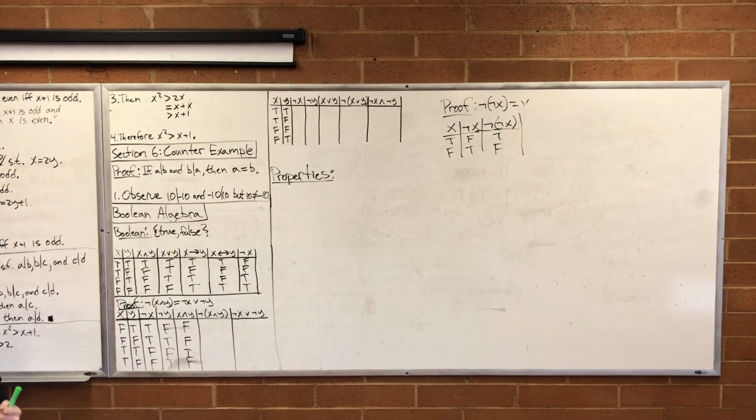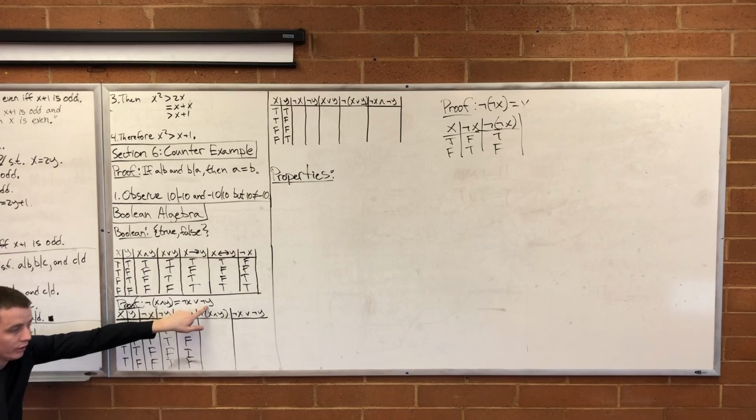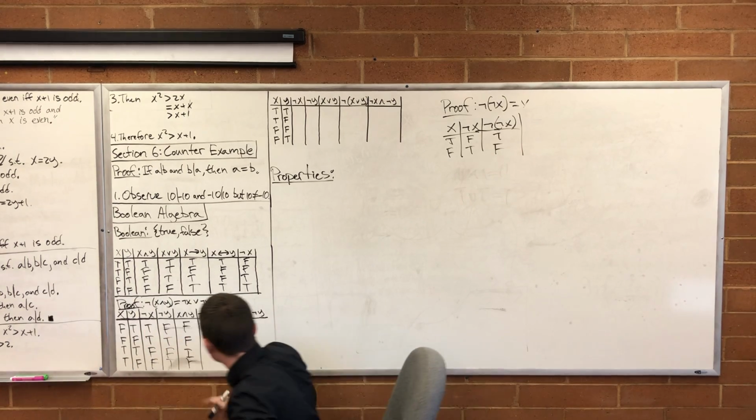It means either I'm not holding a pink or I'm not holding a green. Right? If I'm not holding both, then I'm not holding one or I'm not holding the other. Make sense? That's what this is saying. If not (x and y), that means not x or not y. And we're going to prove that. Just trying to give you some intuition first.